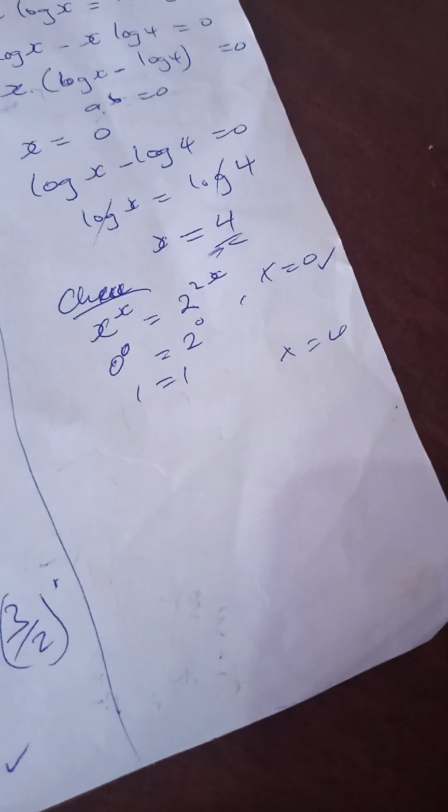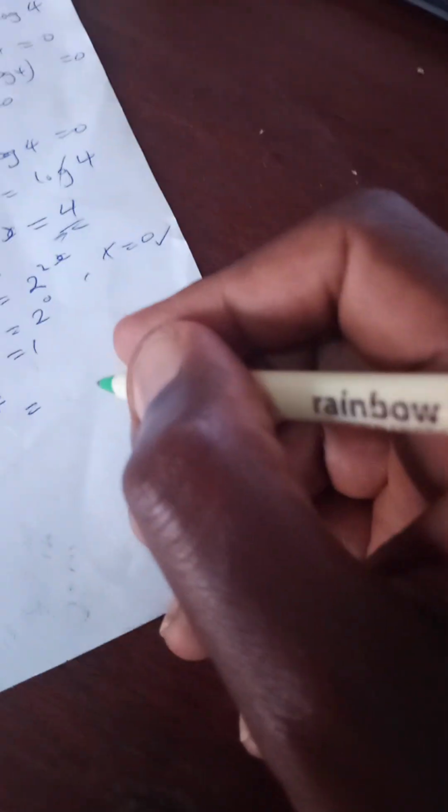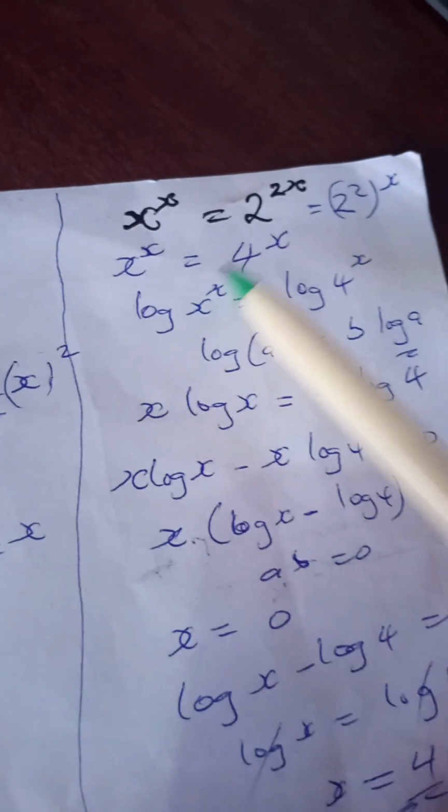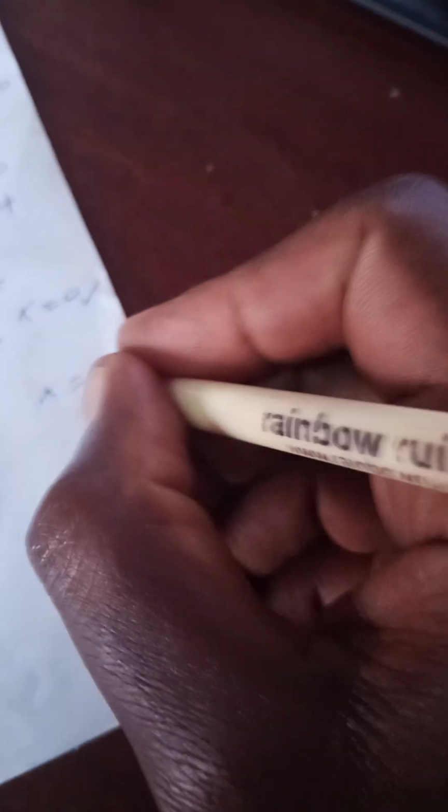Now x is equal to 4 for this part. Let's check: 4 raised to the power 4 is equal to this one now. Remember, we said this part can be written as 4 raised to the power x. So what is our x?